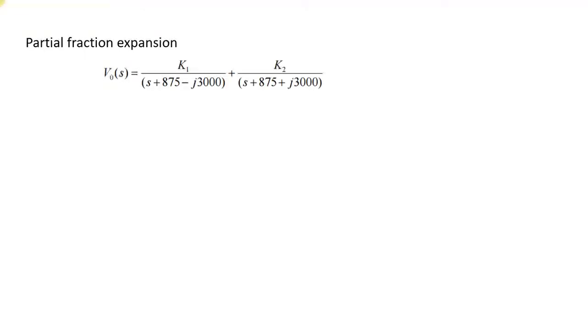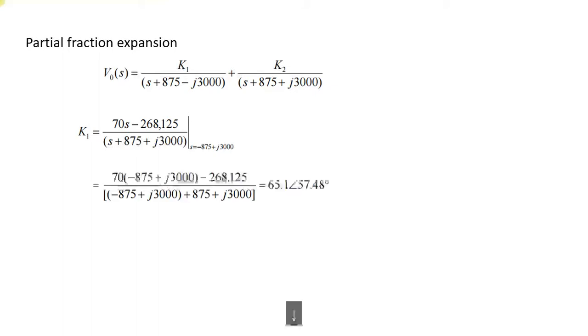Okay, now you should find the values using partial fraction method. It should be k1 divided by s plus 875 minus j 3000 plus k2 divided by s plus 875 plus j 3000. So to find the value of k1, you substitute s is equal to minus 875 plus j 3000, and finally you get the value of around 65.1 at an angle of 57.48 degree.